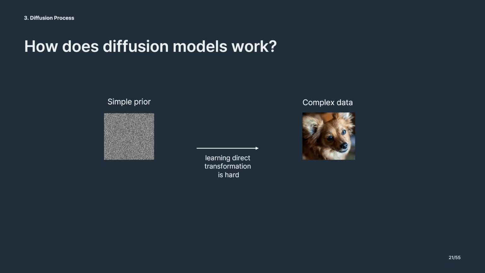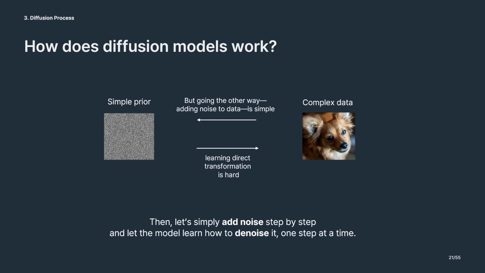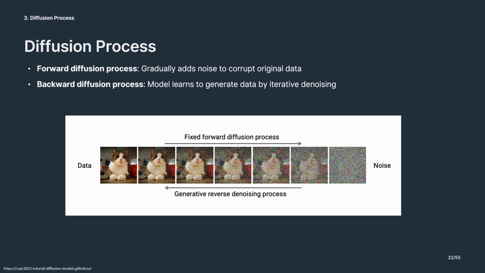But notice that going the other way is much easier. If we keep adding a bit of noise to real data, we'll eventually end up with pure noise. This leads to a key insight. Instead of learning a one-shot transformation, why not add noise gradually and train the model to reverse this process, denoising it step by step. This is the core intuition behind diffusion models.